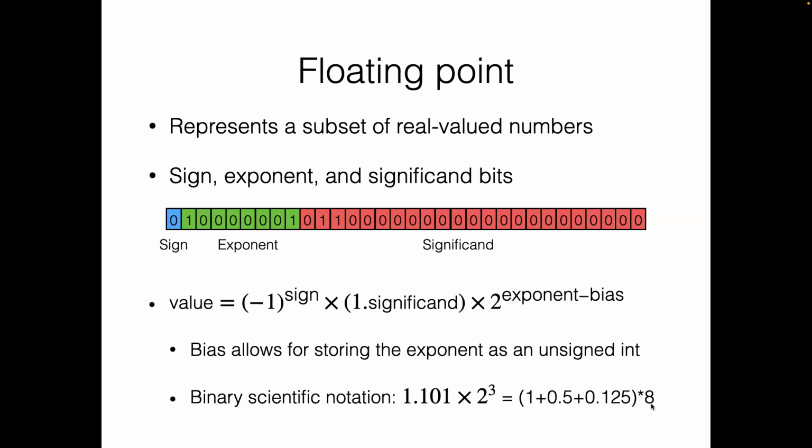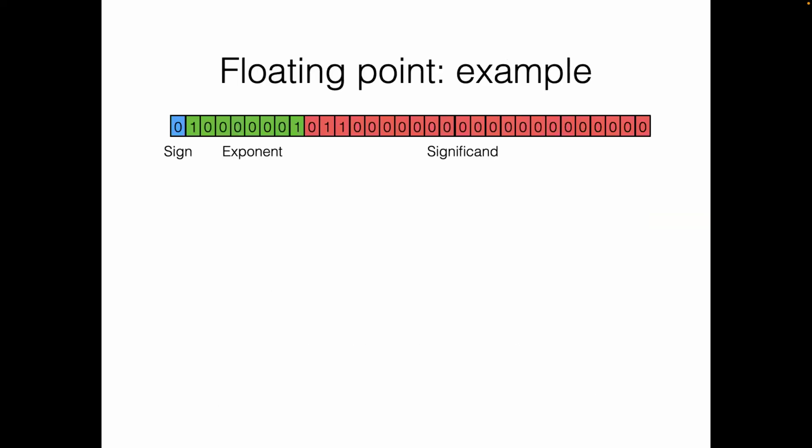So let's walk through an example just to make sure we understand what's going on here. So let's actually think about what number is represented by this and step through it. So first of all, we see that the sign is positive. If it's a 1, it would be negative. And then we could consider the exponent. So here we have this unsigned integer.